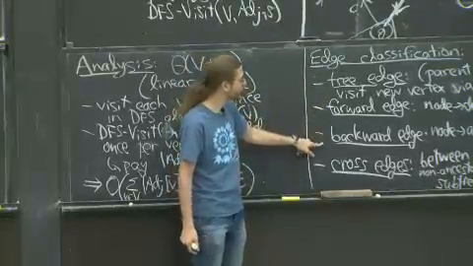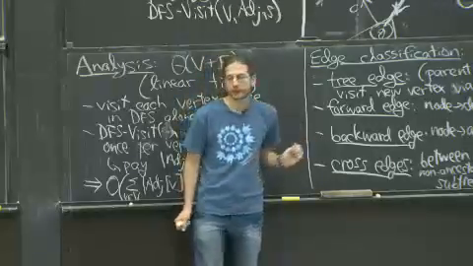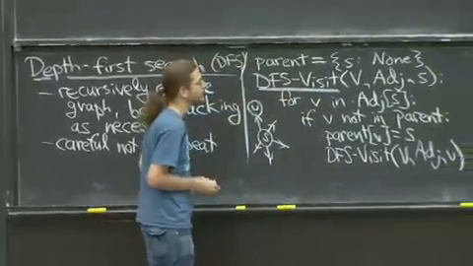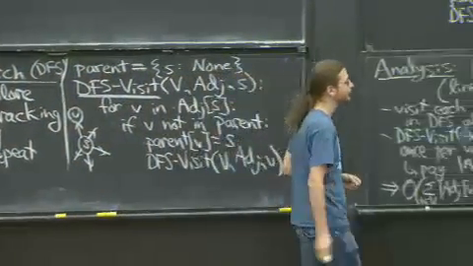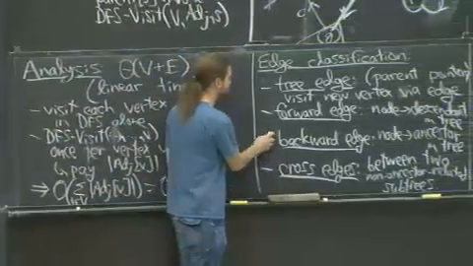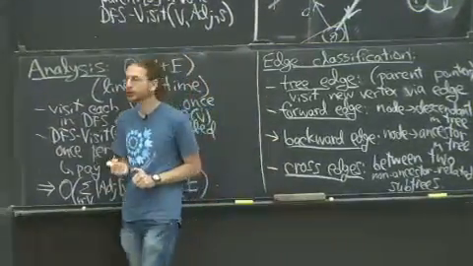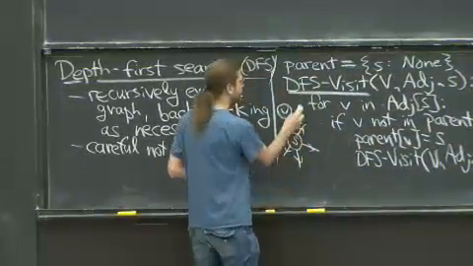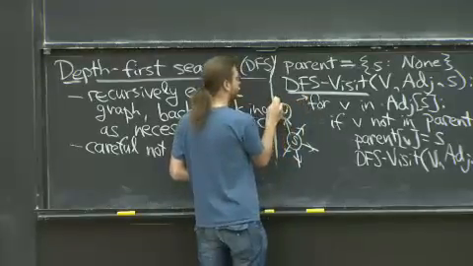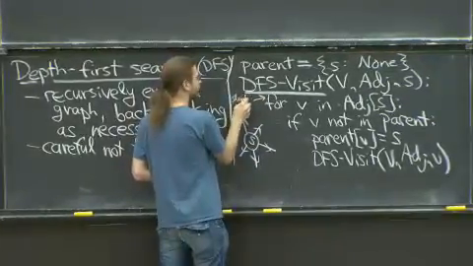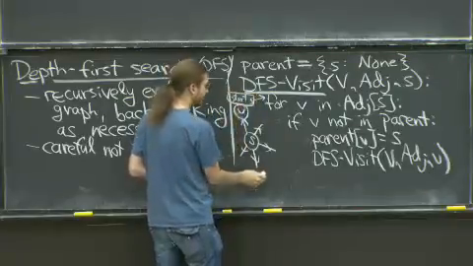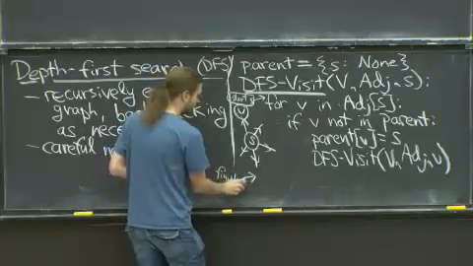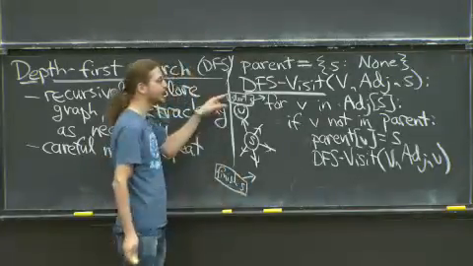If you want to know which are forward, which are backward, which are cross edges, the key thing you need to know is, in particular for backward edges, one way to compute them is to mark which nodes you are currently exploring. So when we do a DFS visit on a node, we could say at the beginning here, basically, we're starting to visit S. So say start S. And then at the end of this for loop, we write we're finished with S. And you could mark that in the S structure.